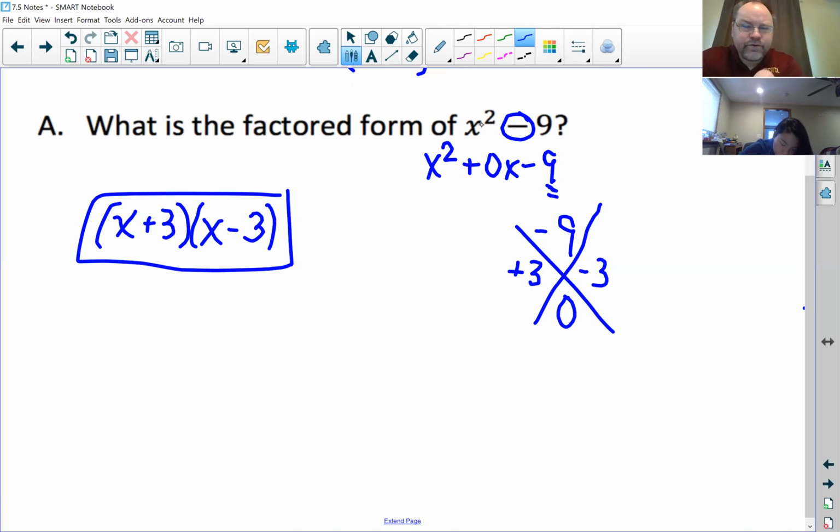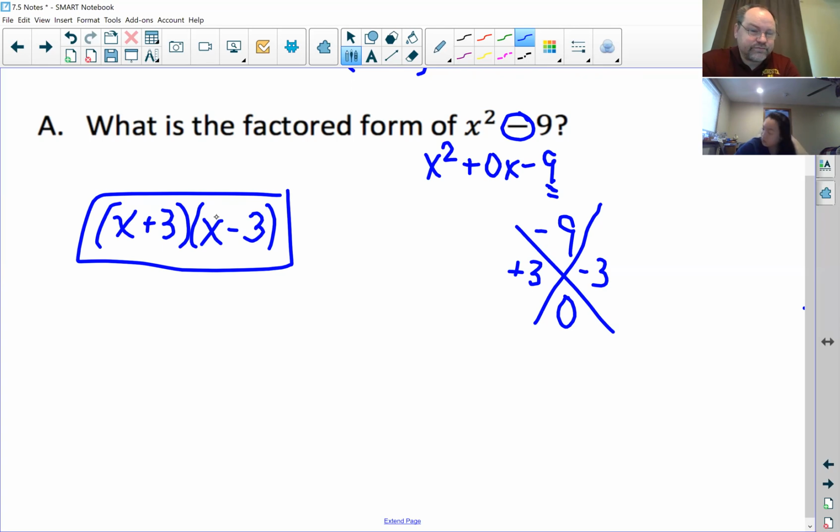So if we only have two terms and there's subtraction between, and it can be factored, you're going to get something plus a value and something minus a value.